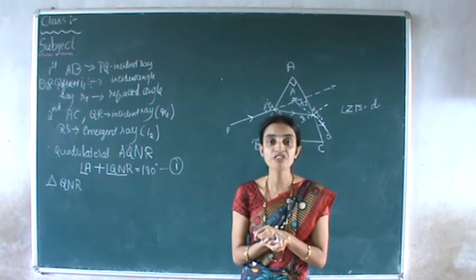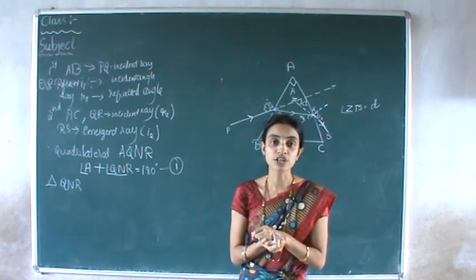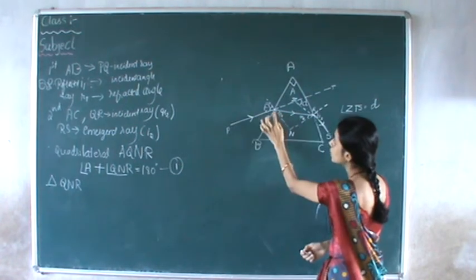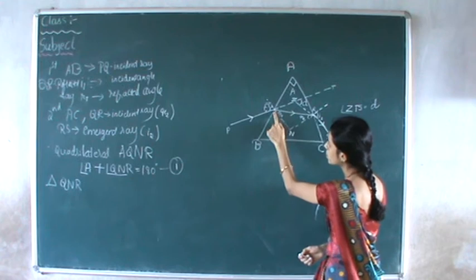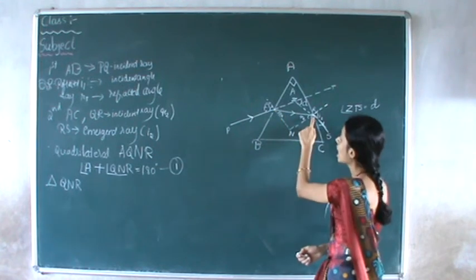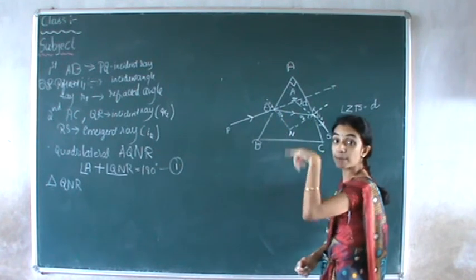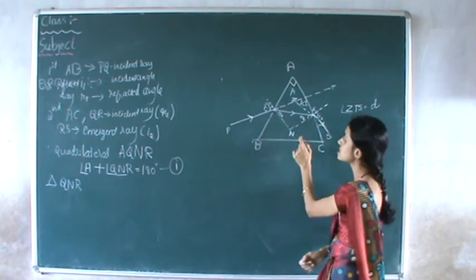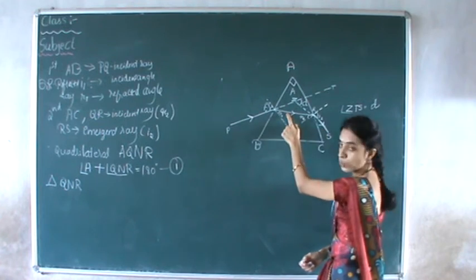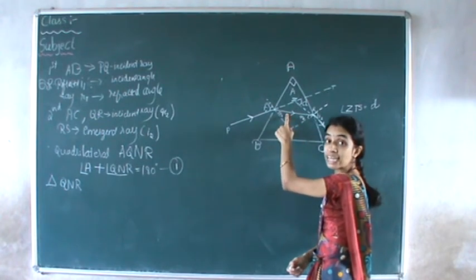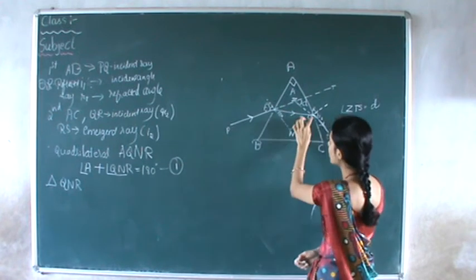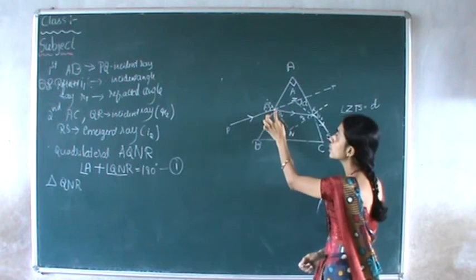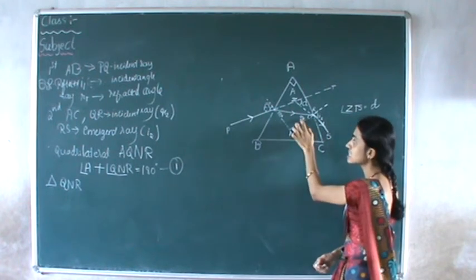The sum of all three angles will be equal to 180 degrees. That is, in triangle QNR, angle RQN plus QNR plus NRQ will be equal to 180 degrees. Here the value of RQN is R1 and QRN is R2.